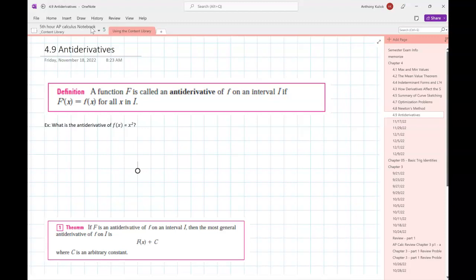We say a function F is called an antiderivative of f on the interval I if F prime of x equals f of x for all x in I. So example here, we're going to ask what is the antiderivative of x squared? What did I have to differentiate to get x squared back?